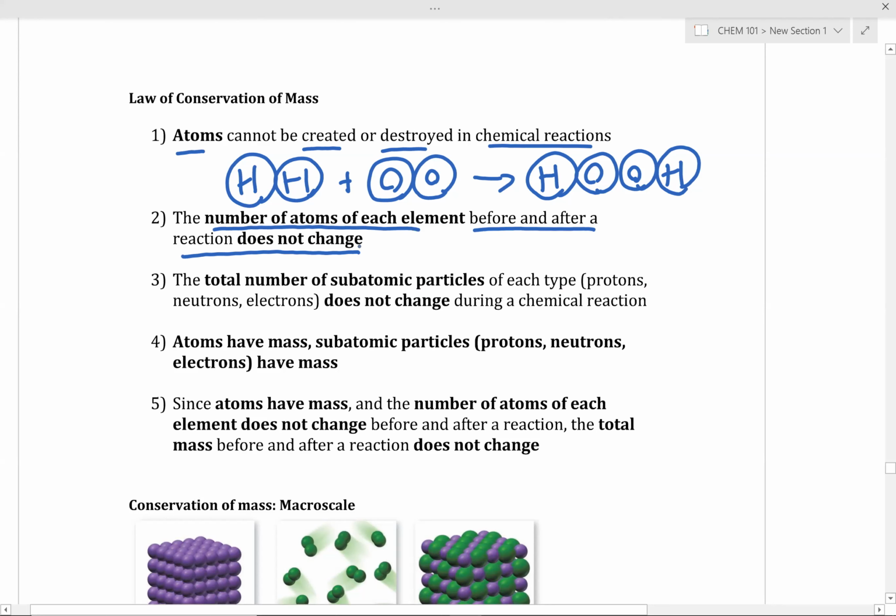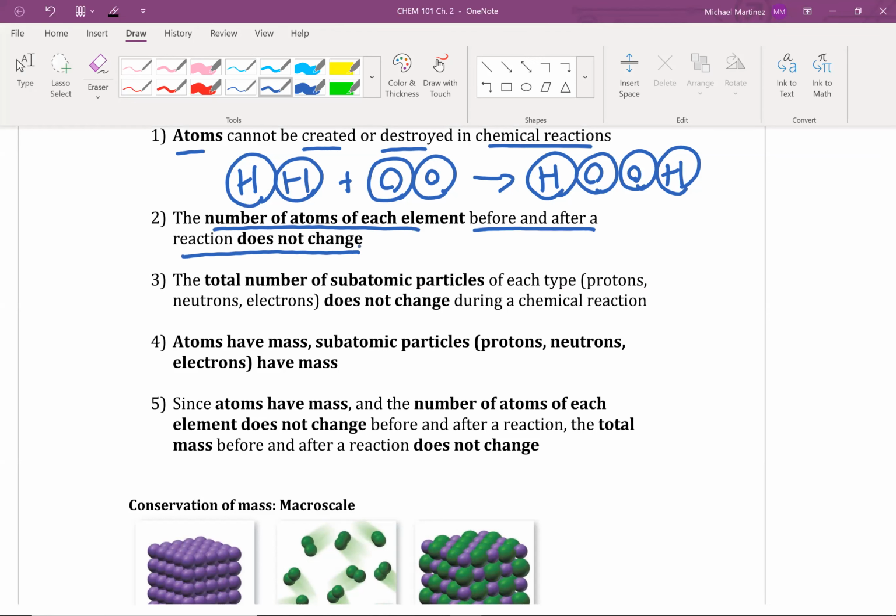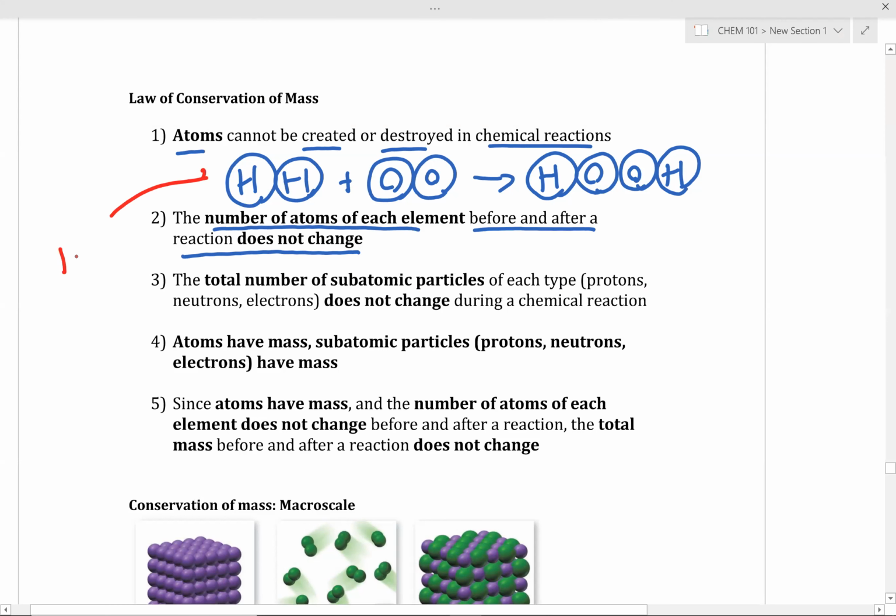By this same notion, atoms are composed of fundamental particles. If we take a look at a hydrogen atom, we see we have a proton and an electron. If the number of atoms does not change, does the number of particles also remain constant throughout? Yes, atoms are made of these particles.